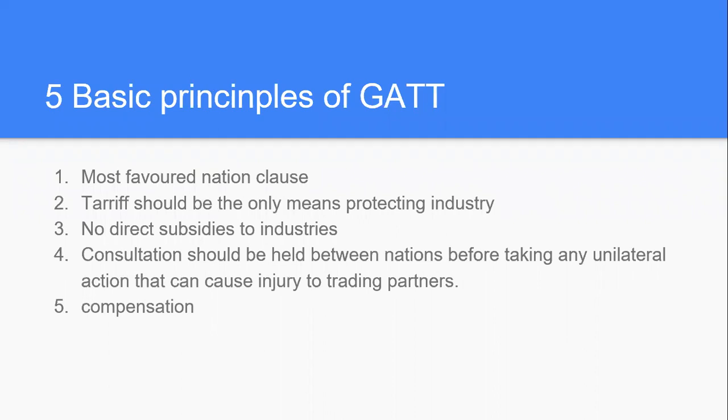Now, the 5 principles that still guide WTO are basically borrowed from GATT, which was proposed and developed in 1947. There are certain principles that were guiding GATT that were borrowed by WTO in today's trading.